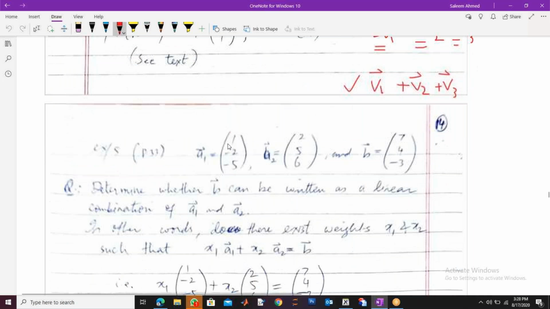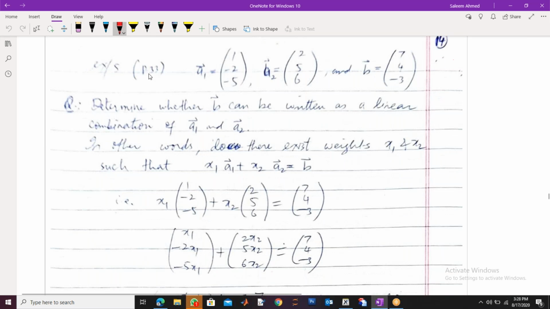So the problem is, sometimes the question is, can we write a given vector as a linear combination of two vectors? Let's say this is a question. a1 and a2 are given vectors, and b is a third vector.